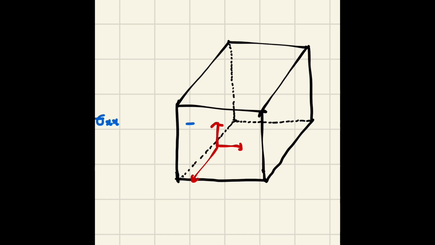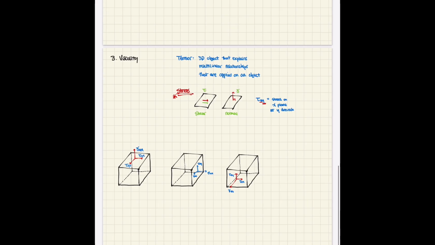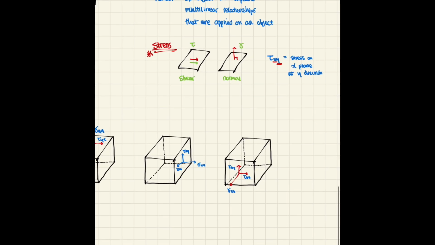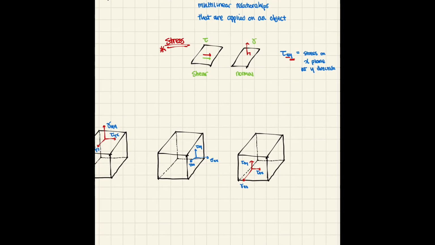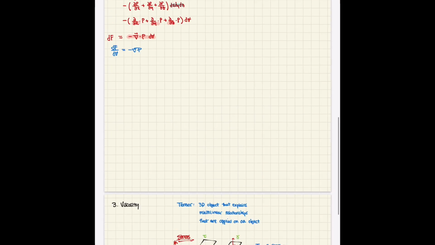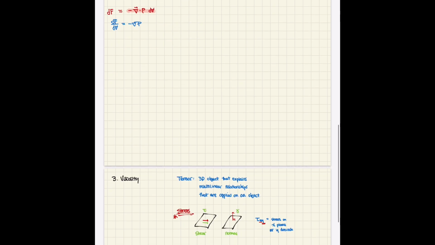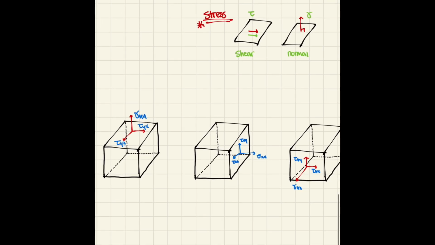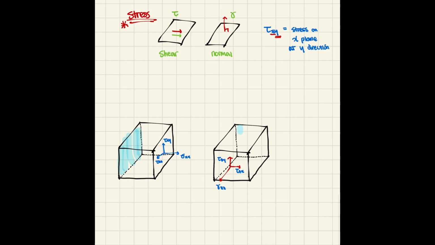And this one will be tau zy, tau zx, and those will be sigma zz. So we wrote the stresses on each side and set those as default values. What we have to do here is reuse the Taylor expansion to write the stresses on the opposite sides of this cube. For the y direction, it will be this side. For the x, it will be this side of the cube, and for the z side, it will be this.